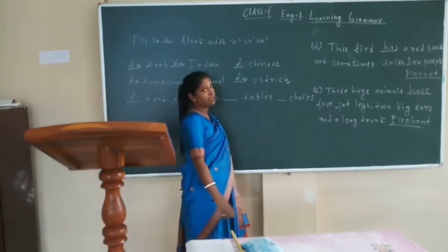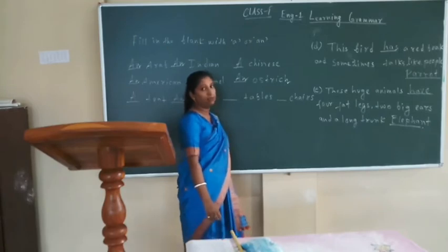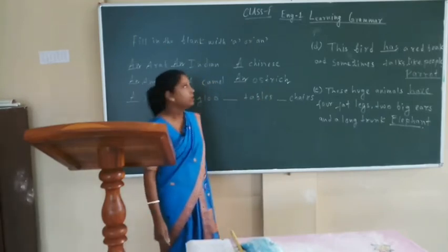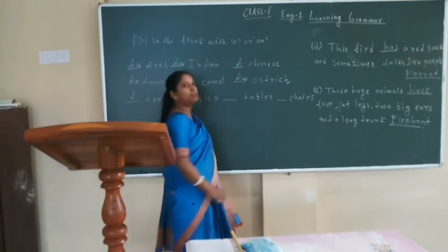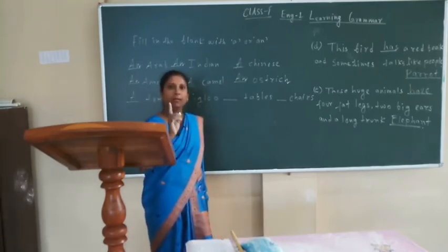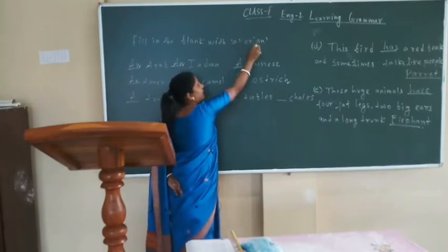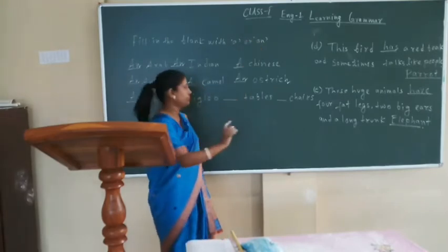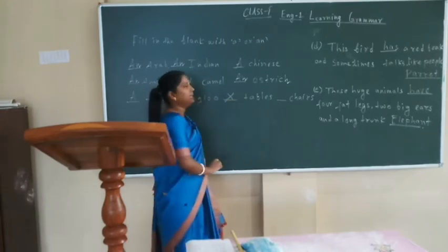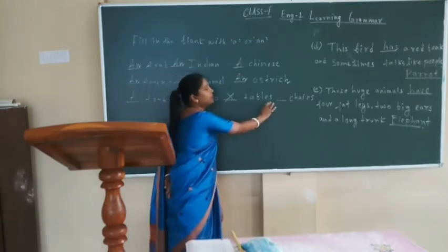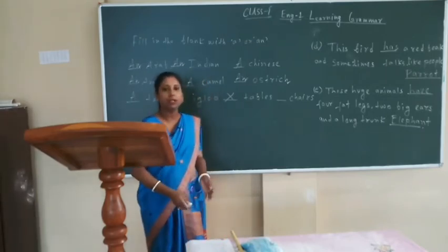See the words then, tables. Table is not used here because it is not a singular noun. A and an are used before singular nouns, remember, that is why here neither a nor an is used. A or an is not used here because the word is plural, tables.